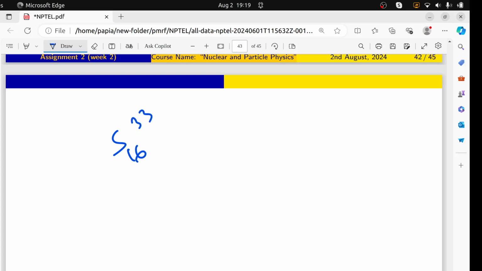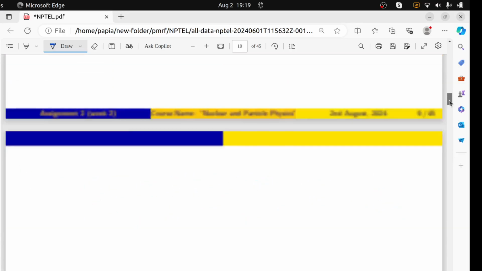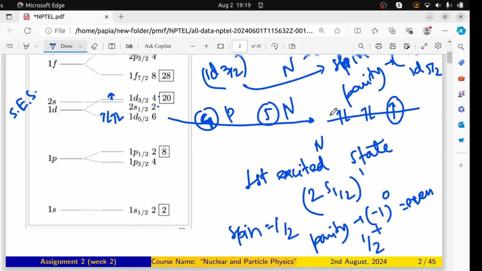Sulfur-33: proton is 16, and N is 33 minus 16, so it will be 17. The 16 will not contribute anywhere, 17 will contribute here.